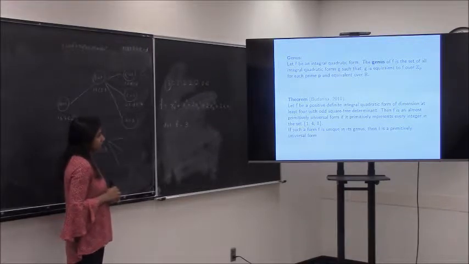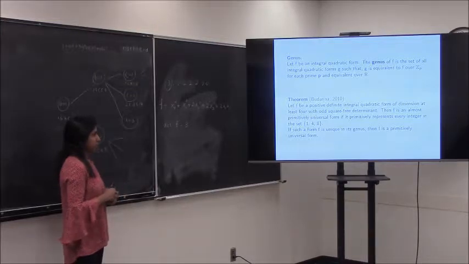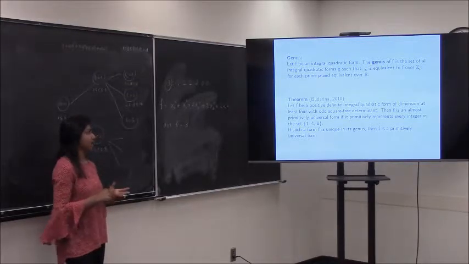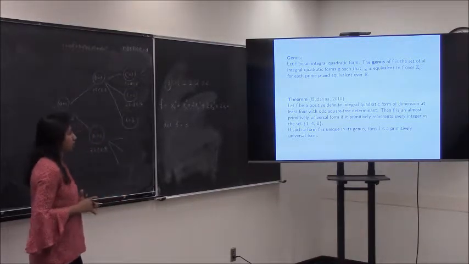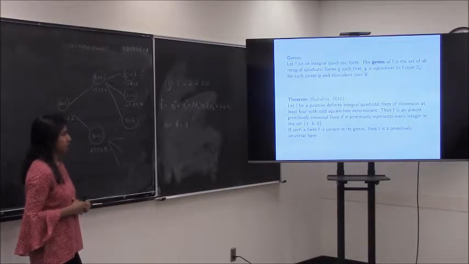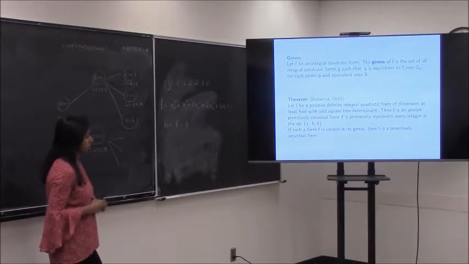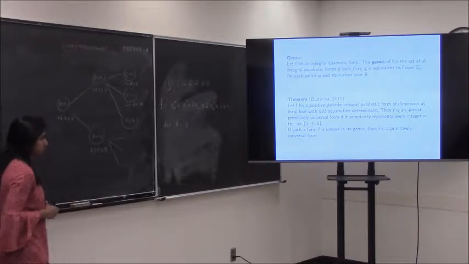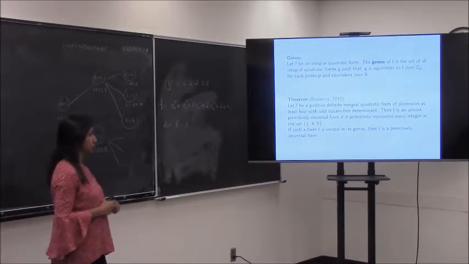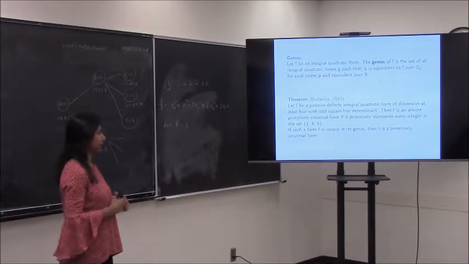What she has proved is: if F is a positive definite integral quadratic form of dimension at least 4 with odd square-free determinant, then F is almost primitively universal if it primitively represents every integer in the set 1, 4 and 8.